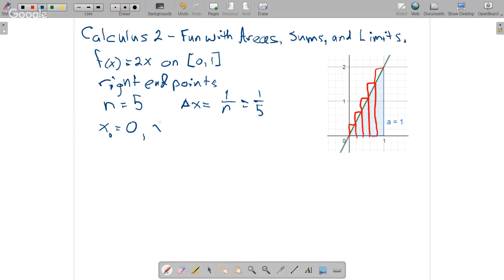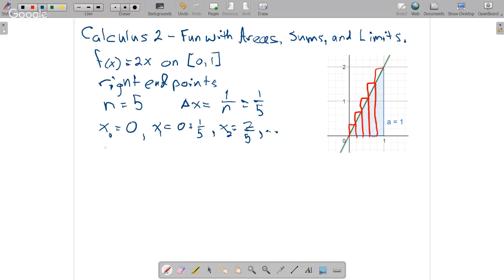And then the first x value I would grab after that, x1, would be 0 plus 1/5. And then the next one would be just to keep adding 1/5. So it'd be x2 equals 1/5 plus another fifth, so I'd get 2/5. So this works out pretty nice. And I just keep repeating that process.